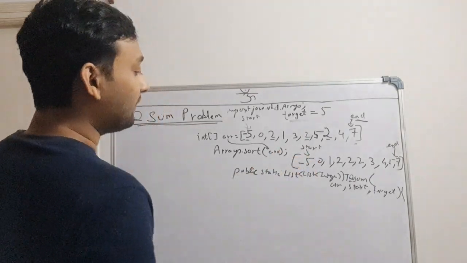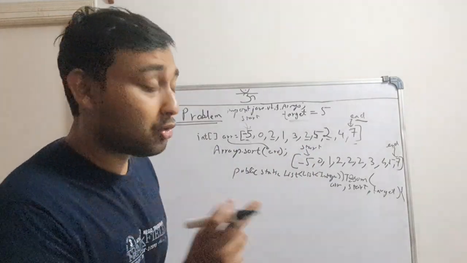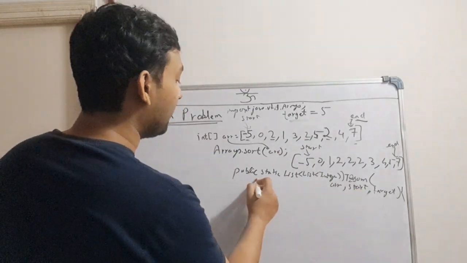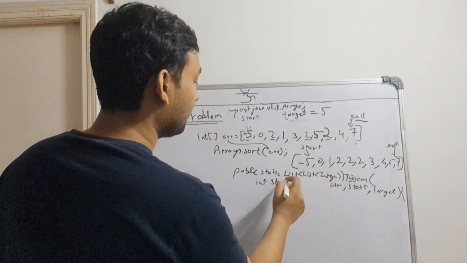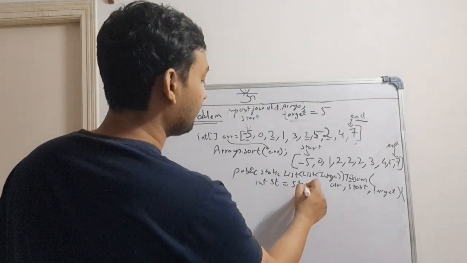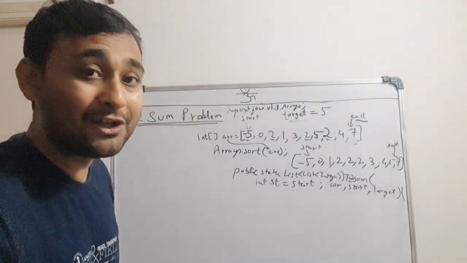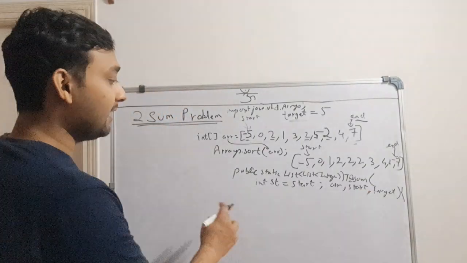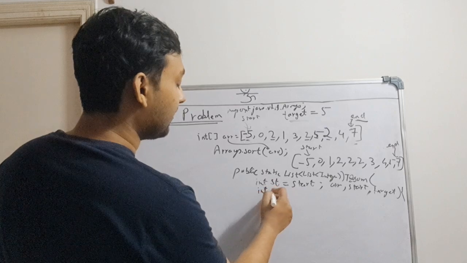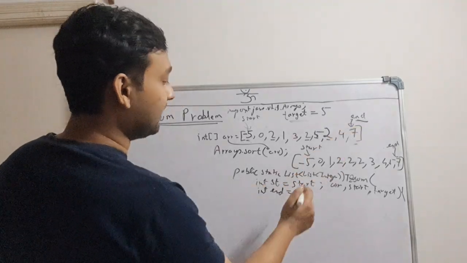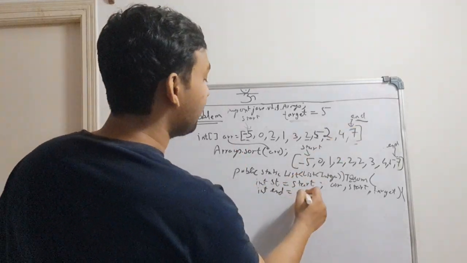So first of all, we will have to take one variable to hold this start value. Okay, so we will take int st equal to start, because this start value will keep on getting changed. Then we will take end. End is the last index, which is array.length minus 1.